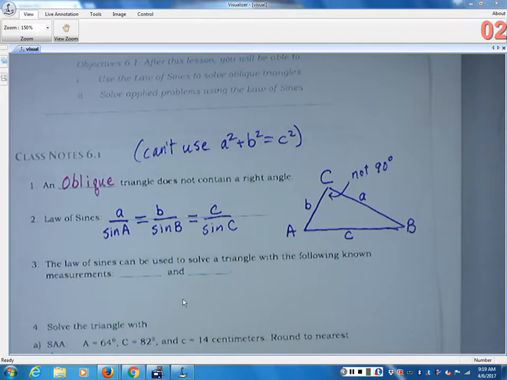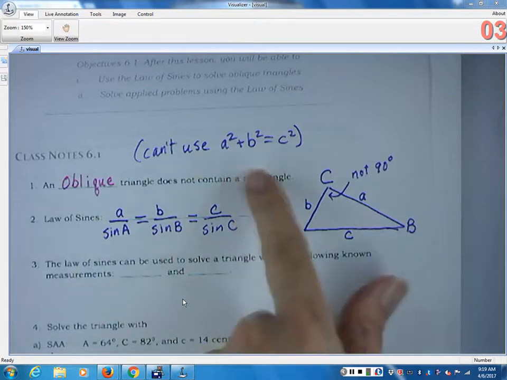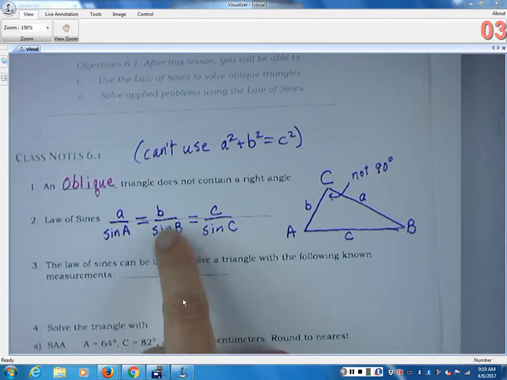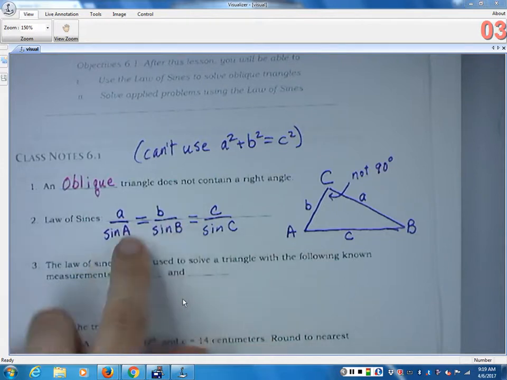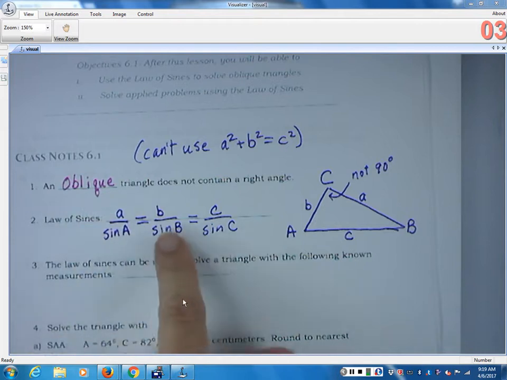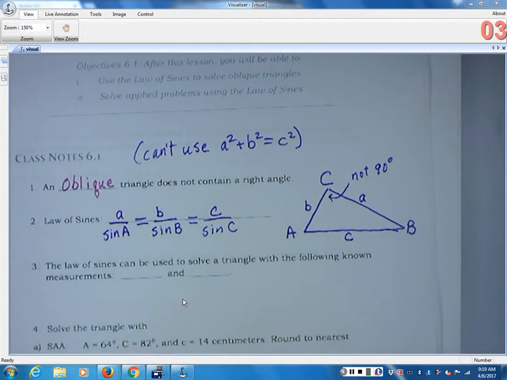Okay, so that's the law of sines. So what you'll have to have is one set and then another. You'll have to know one of these fractions, and then if you know one of these, you can find the other things. Okay, that's the law of sines.